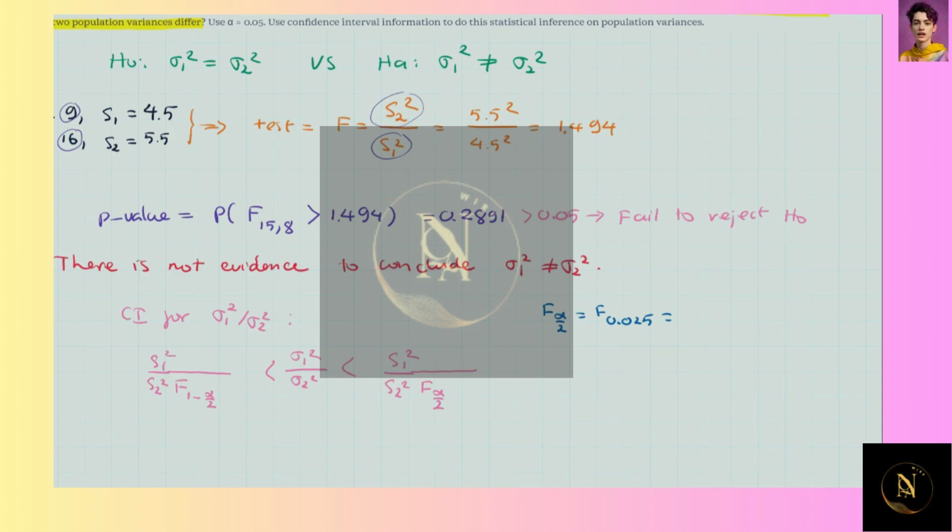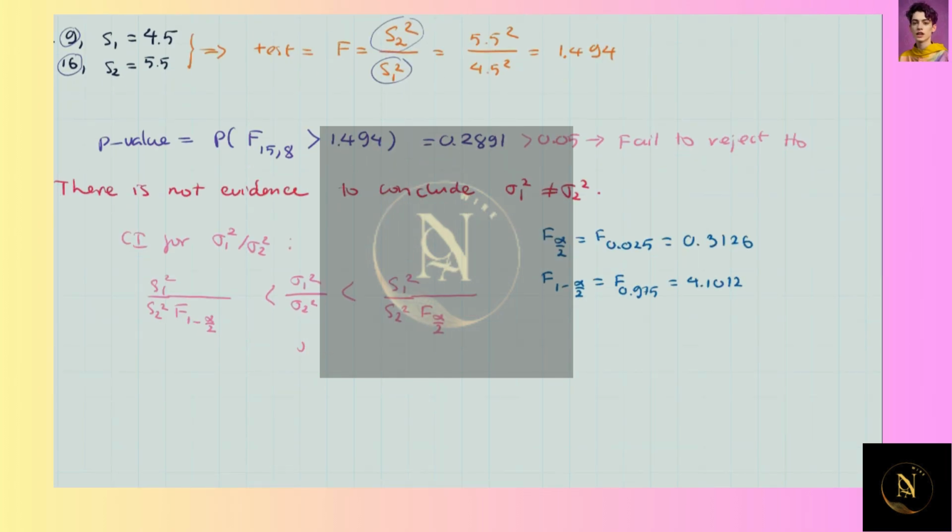If we compute this, at 0.025 we get 0.3787 and then 0.3126, and F of 0.975 equals 4.1012. Now if we plug into the formula, we will have sigma 1 square over sigma 2 square bounded between the following.